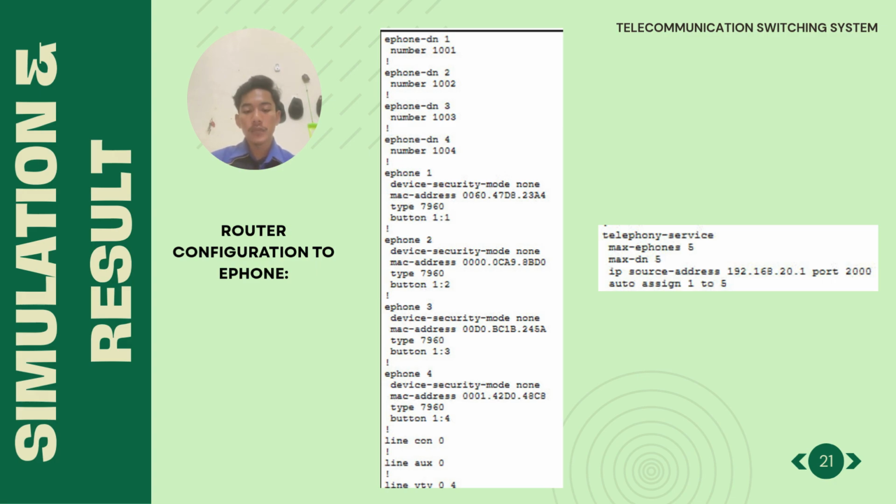The telephony service configuration sets the maximum number of ePhone and directory number, while the auto assign feature automatically assigns the extension to the registered IP phone. This result confirms that all IP phones have been successfully configured and registered with the Cisco CME router, enabling user to make and receive VoIP call successfully.